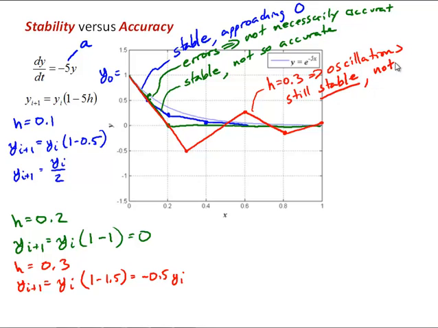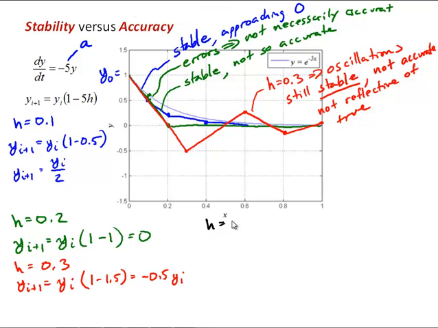Clearly, it's not accurate, and it's not reflective of the true solution. We know the true solution does not exhibit any oscillations about 0, but here with h equals 0.3, we do get oscillations. So we know that's not reflective of the true solution.